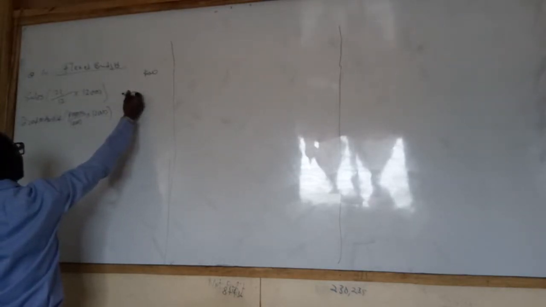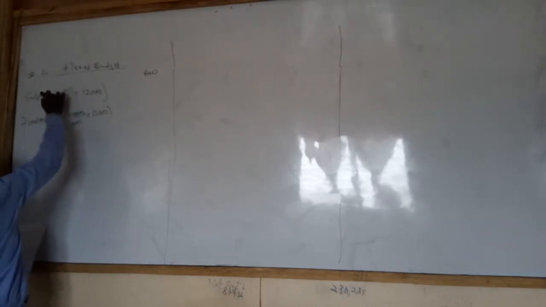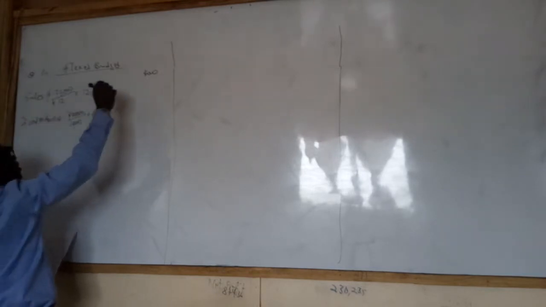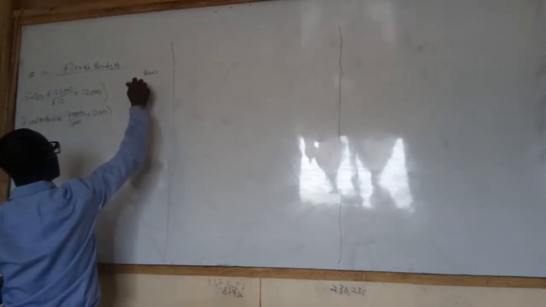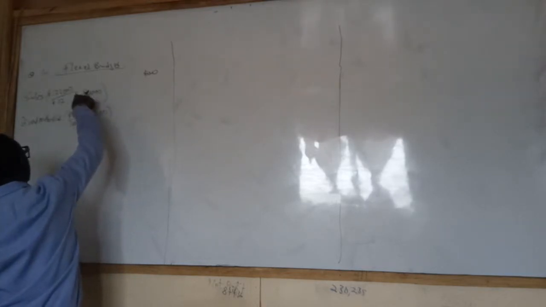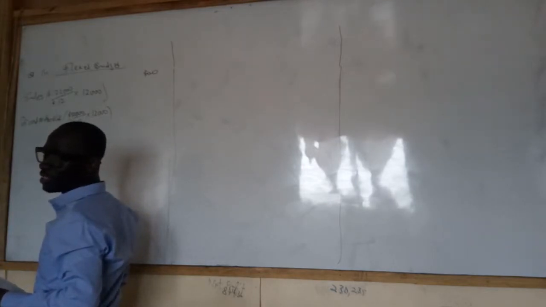What is the 122? The 122 is the cost, the total cost. So you have the zeros. 10.17 times 12,000, but you get 12,204.